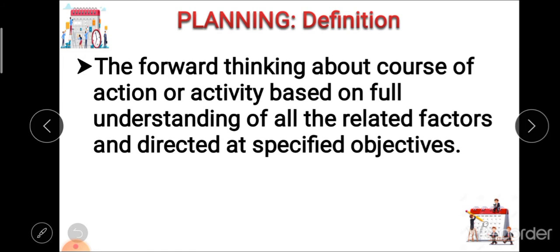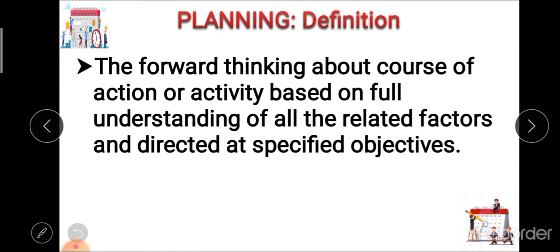In short, planning is forward thinking about the course of action or activities on the basis of related factors or resources, directed toward a specific objective.